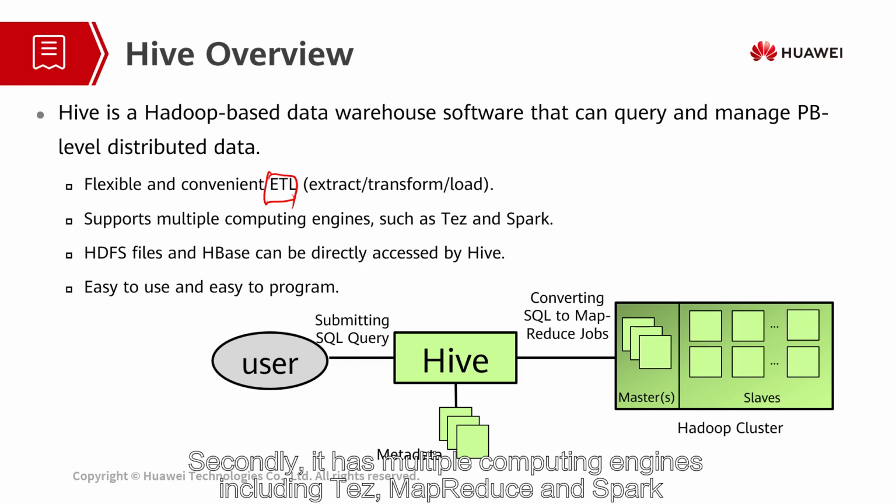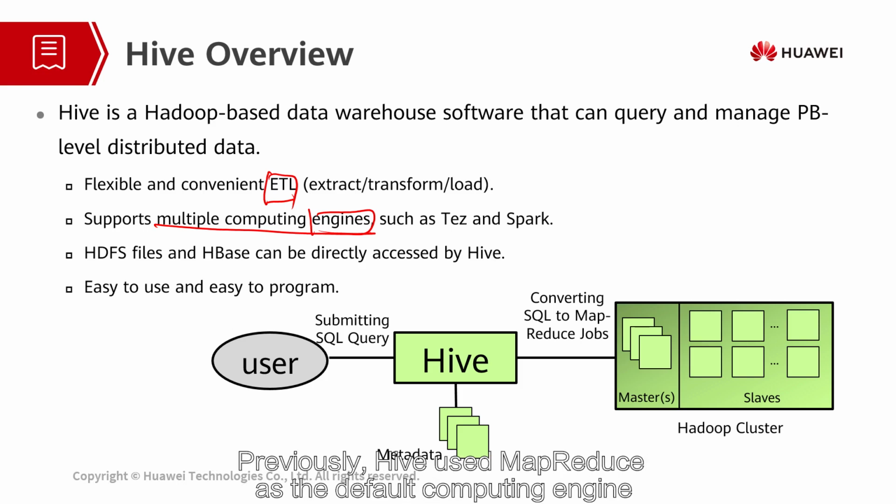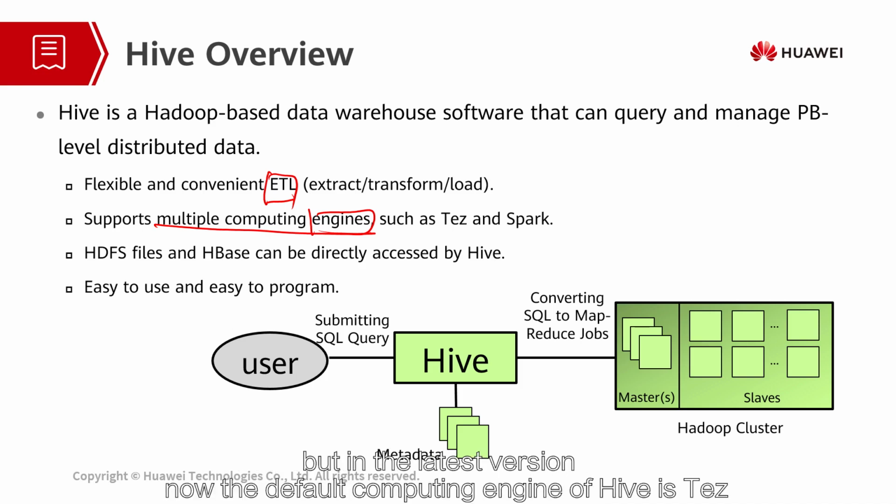Secondly, it has multiple computing engines, including Tez, MapReduce, and Spark. Previously, Hive used MapReduce as the default computing engine, but in the latest version, the default computing engine of Hive is Tez.